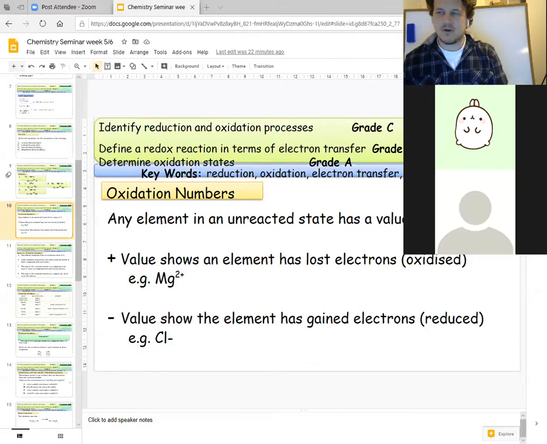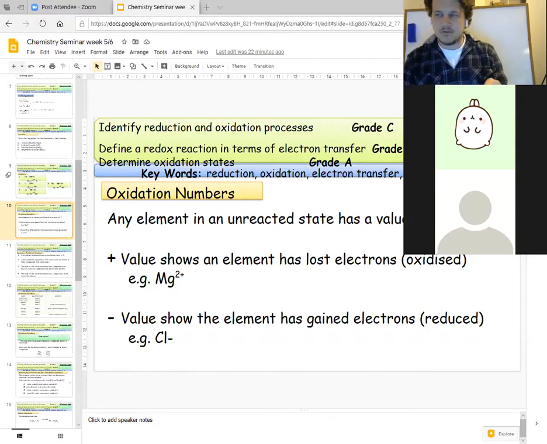The elements on the right, the non-metals and the gases, form negative ions. As they sit, their charge or their oxidation number is 0.